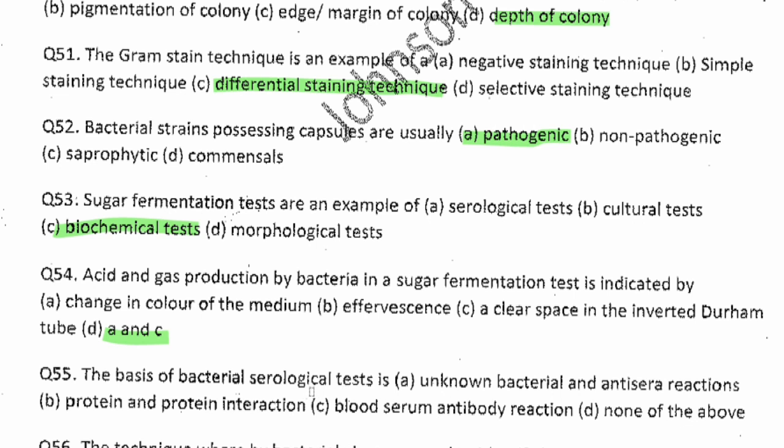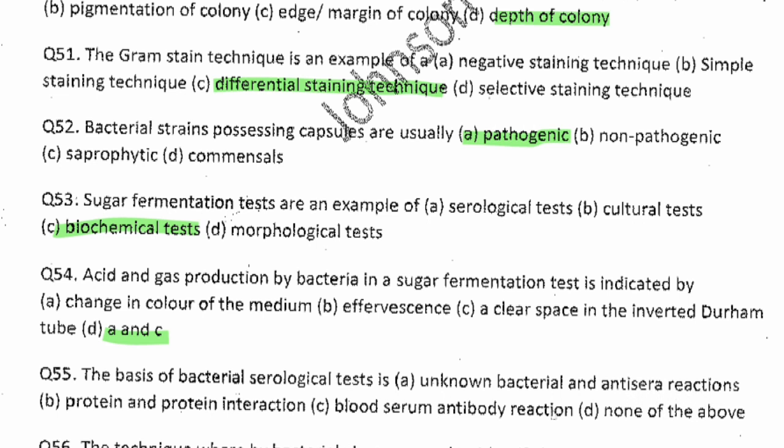So if you want to test for the presence of bacteria in body fluid, what is the principle behind that? That's what the question is saying. It's very crucial to understand the question. So it says unknown bacteria and anticellular reaction, the antibodies reaction.